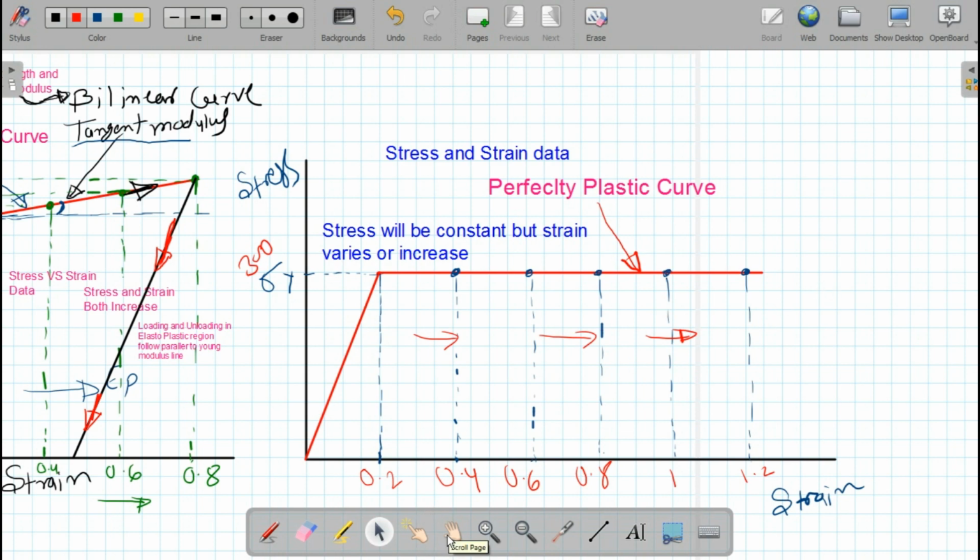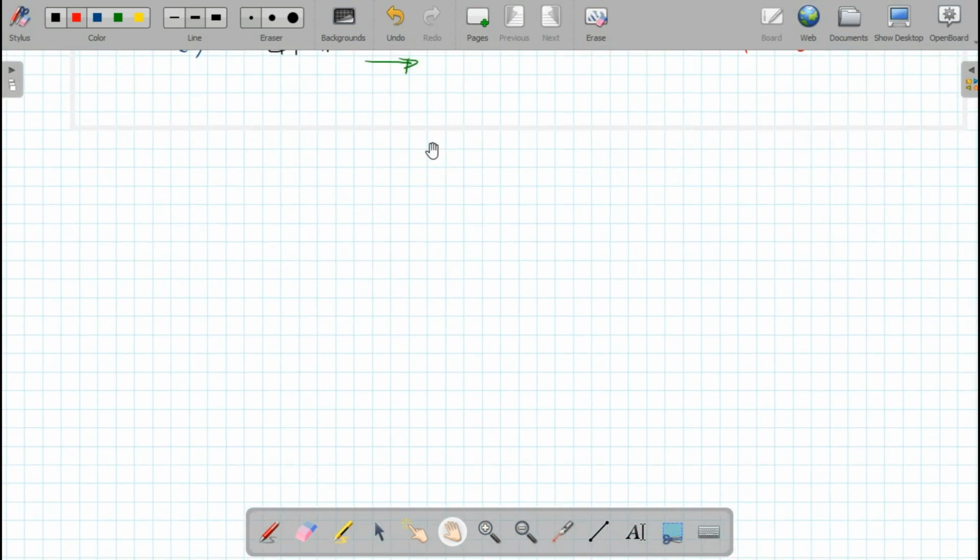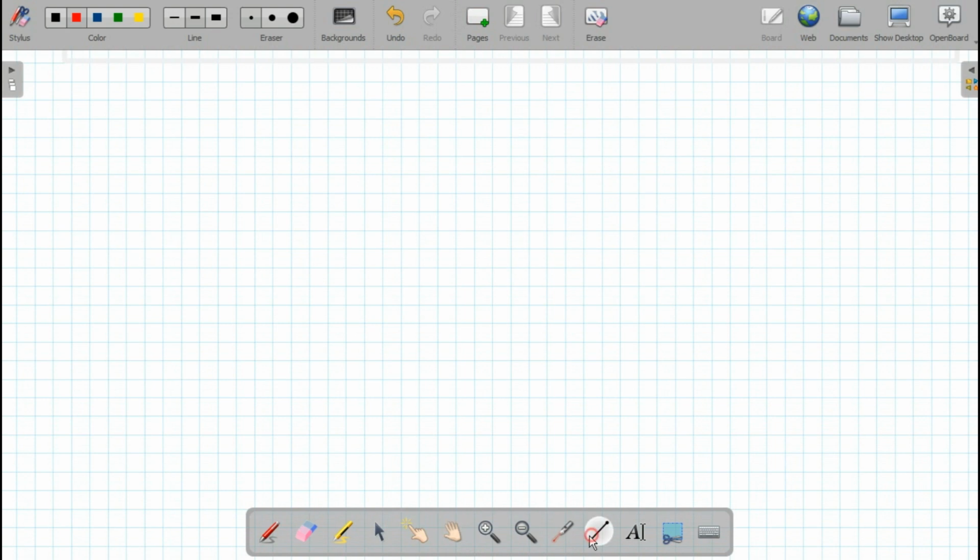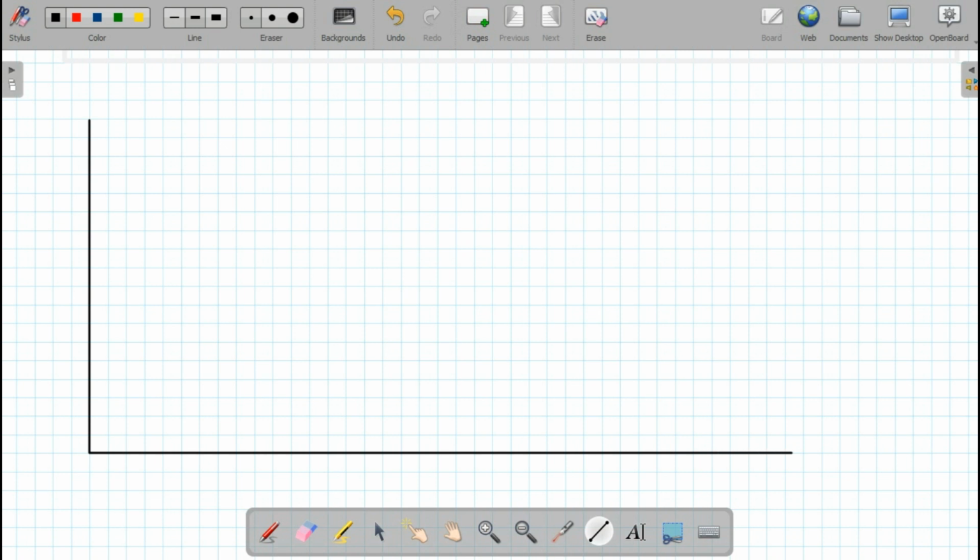Coming back to the third one, so what happened here, that's called a multilinear hardening material.